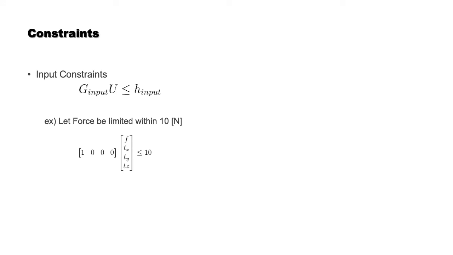For example, we can add constraints on inputs easily. If you want the force to be in a range of 10 newtons, then you can set a constraint like this.